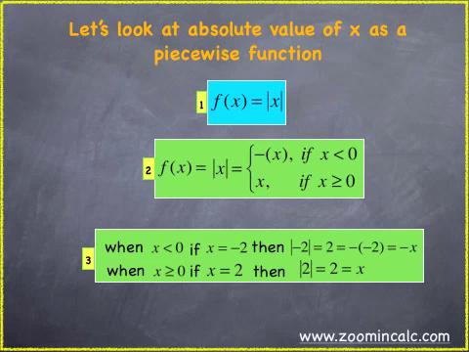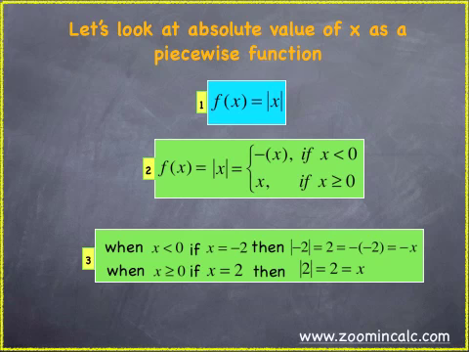And the negative of negative 2 will give us the correct answer, a positive answer. The other case, again, if x is greater than 0, we're positive. So let's choose 2, for example. In that case, there's really no issue because the absolute value of 2 is a positive 2, and x is positive 2. So we really don't have to do anything to our function.